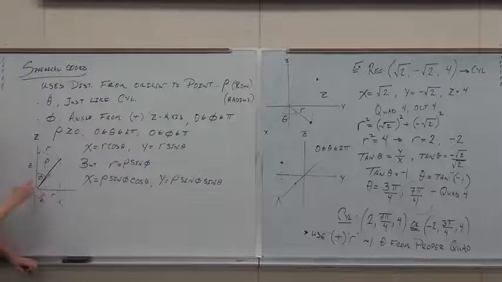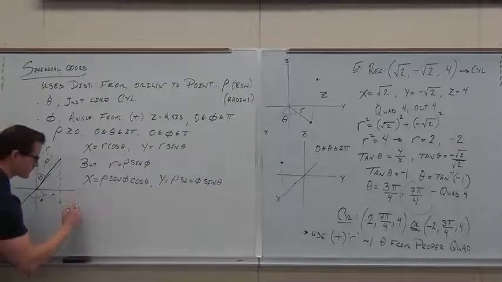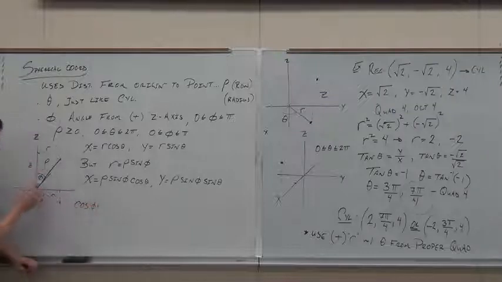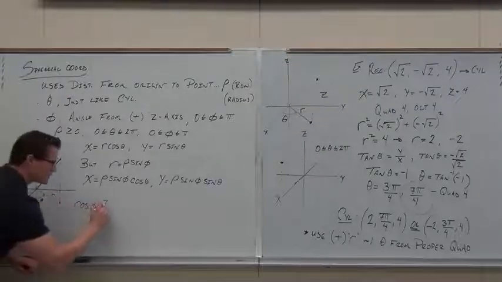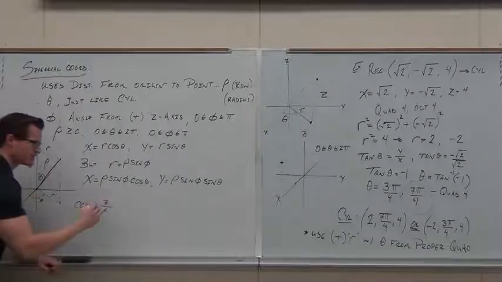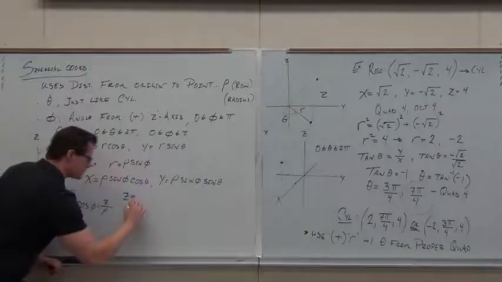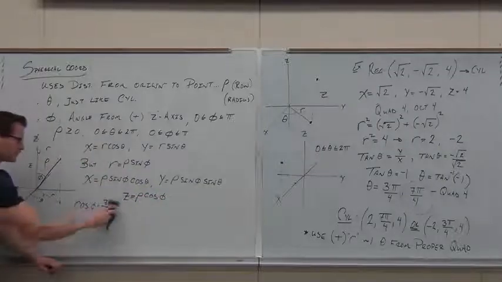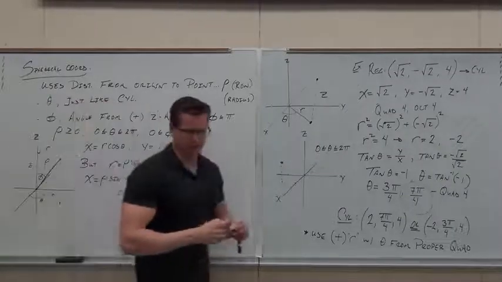So I'll do it for you. If cosine phi would equal adjacent over hypotenuse, if I solve for the z, we got rho cosine phi.